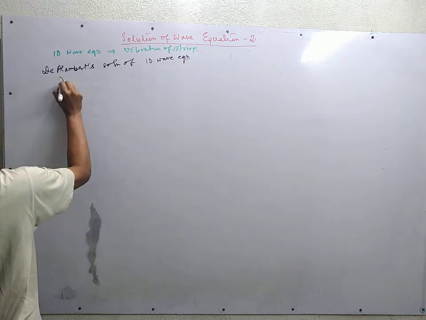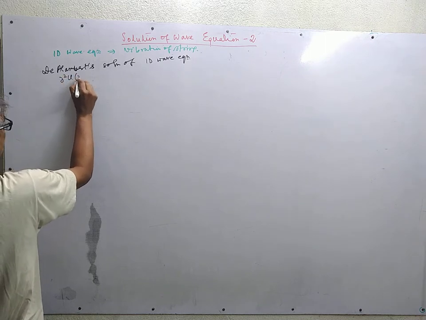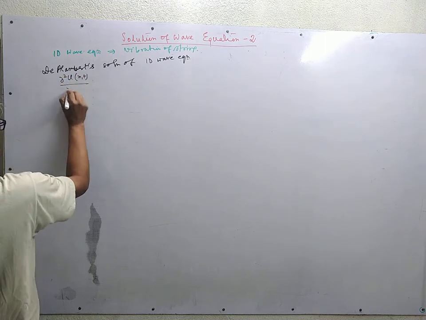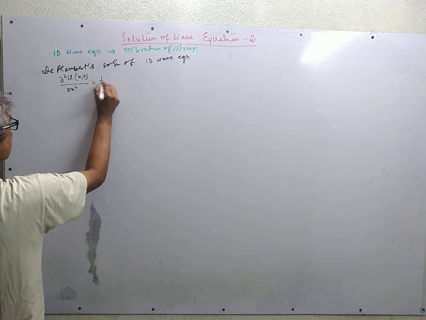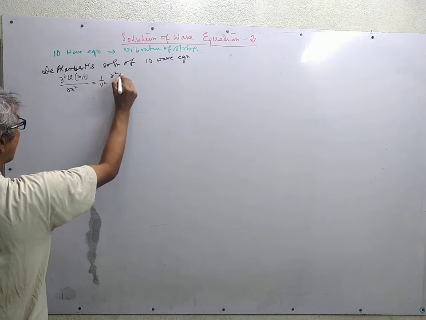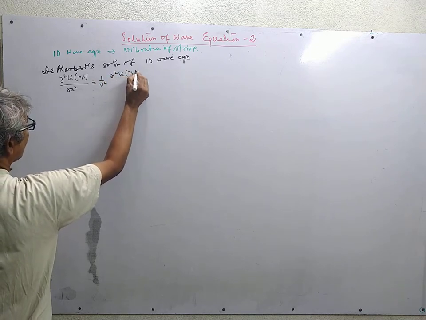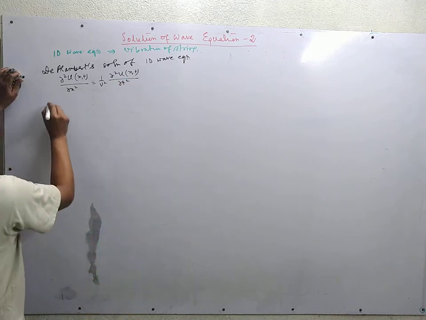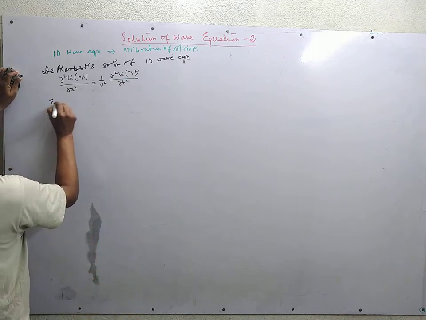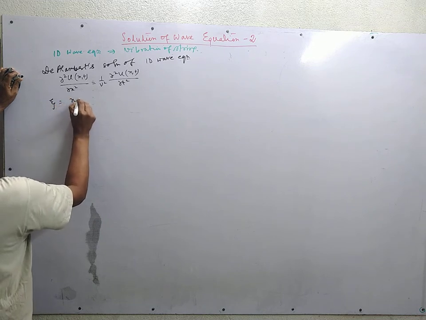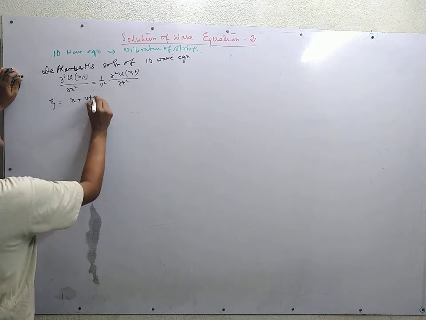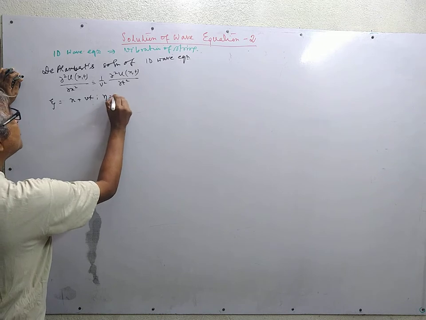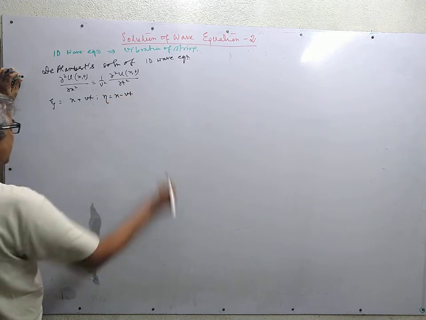The differential equation that we start with, we introduce two variables, xi equal to x plus vt, and eta is equal to x minus vt.